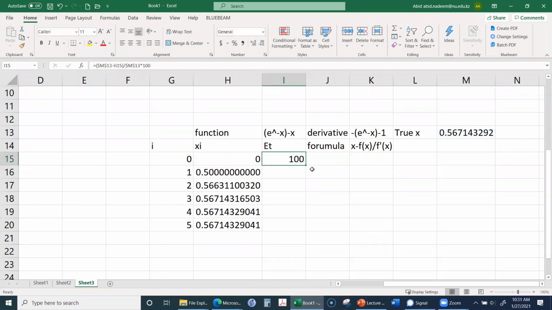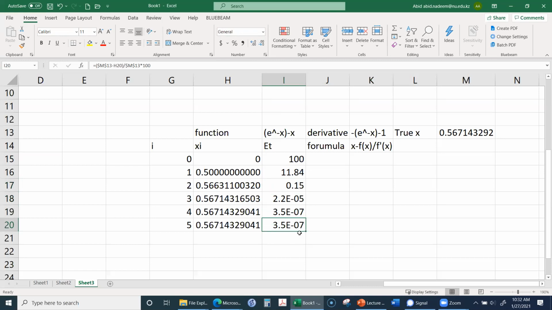For the next trial it is 11.8%. For the next trial it is even much smaller, 0.14%, and then it is smaller still.